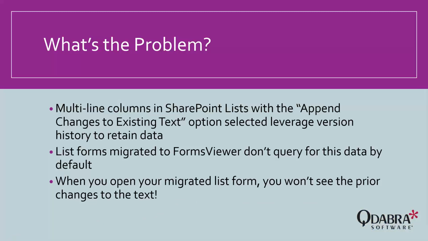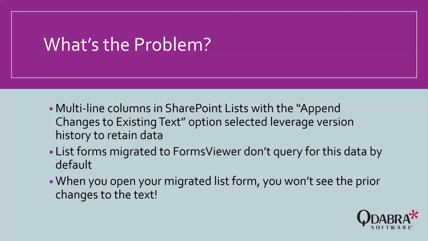So the main problem is that multi-line columns in SharePoint lists with the append changes to existing text option selected leverage version history to retain data. And you guys have probably seen that setting before. Some of you have probably used it. List forms that we've migrated to FormsViewer aren't querying for this version history data by default.